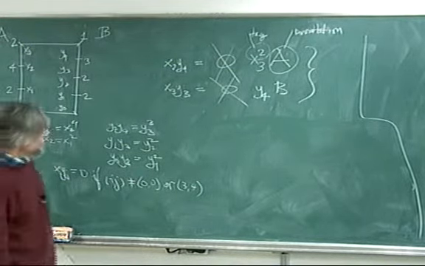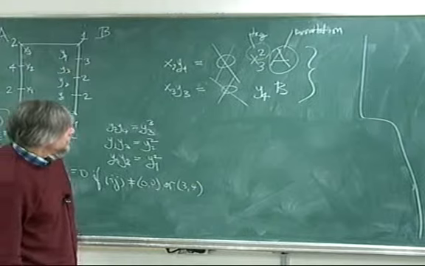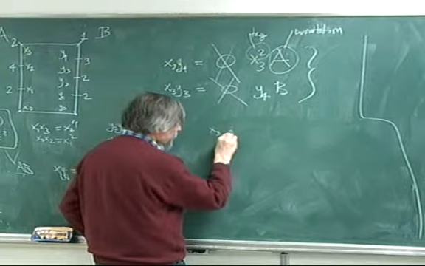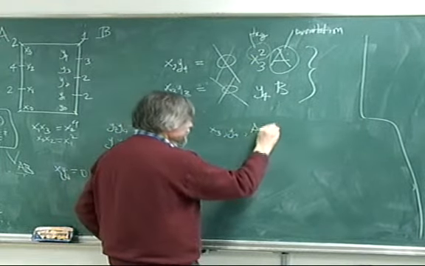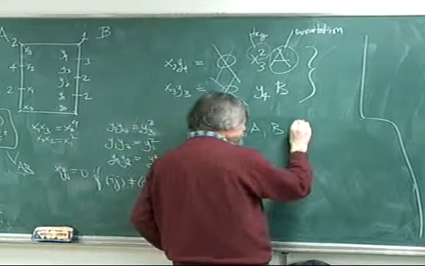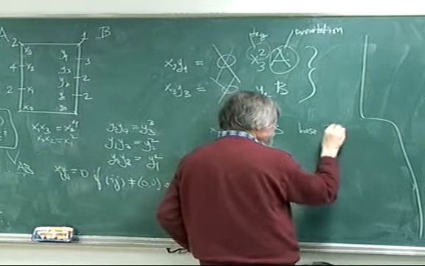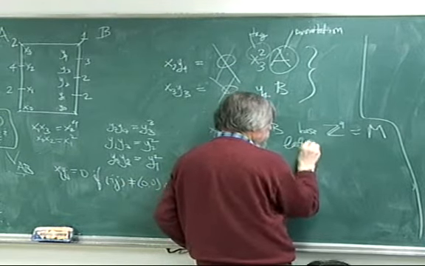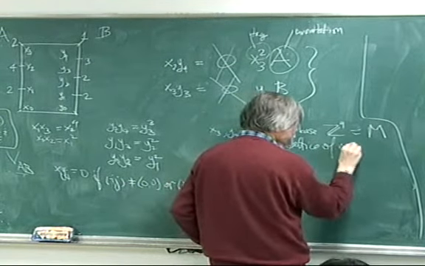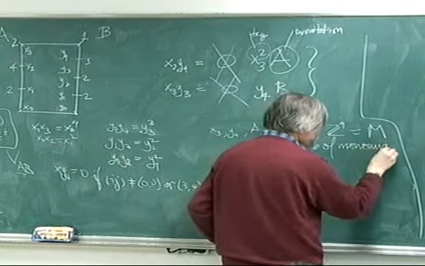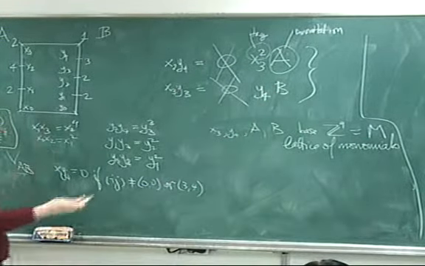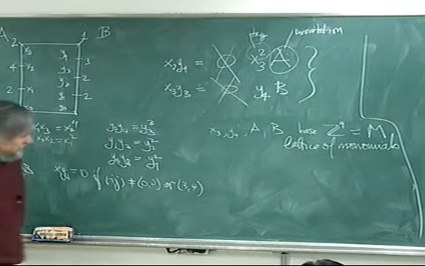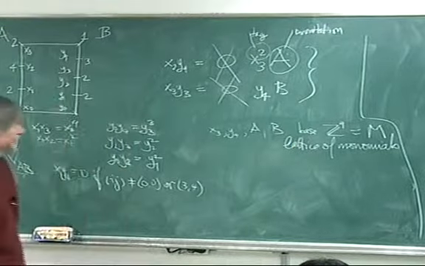So we're doing toric geometry. So then I say that x3, y4, a and b base Z4 equals M, a lattice of monomials. So in toric geometry, I give you a lattice, and then inside that lattice I give you a cone. Right? So this is a perfectly clear, simple lattice.